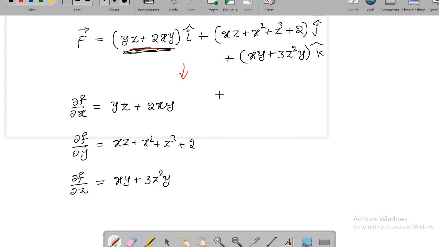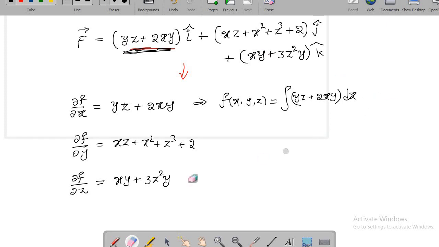Okay. Now you integrate with respect to x. For the first expression here, just for clarity I'll write it out, and later I'll write it directly. So the integration of yz plus 2xy with respect to x, plus you need to write a constant, the integration constant.